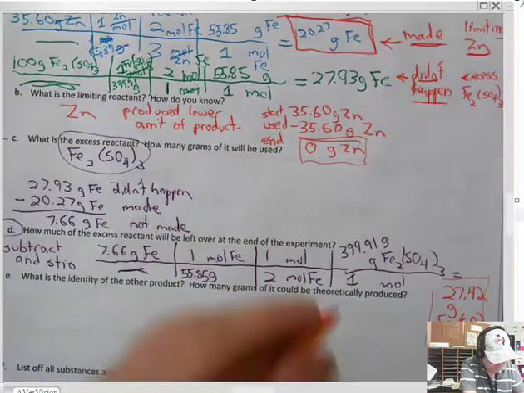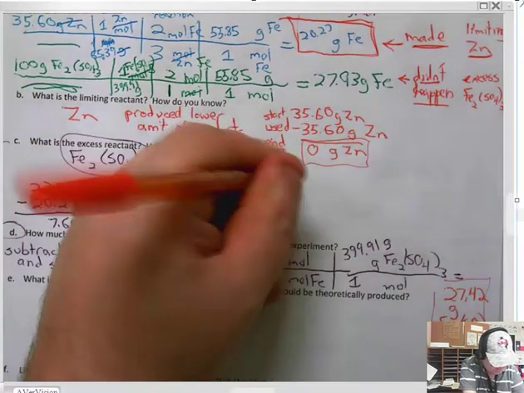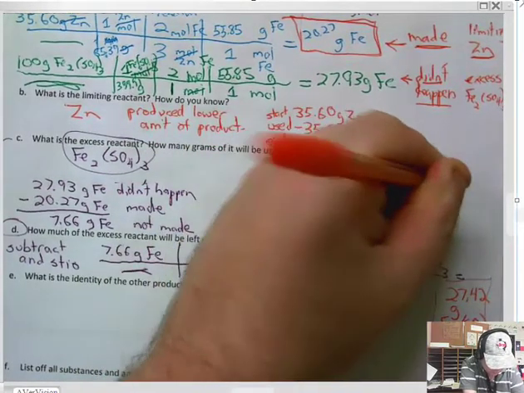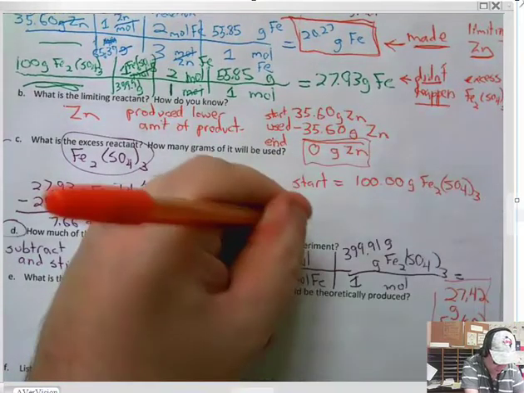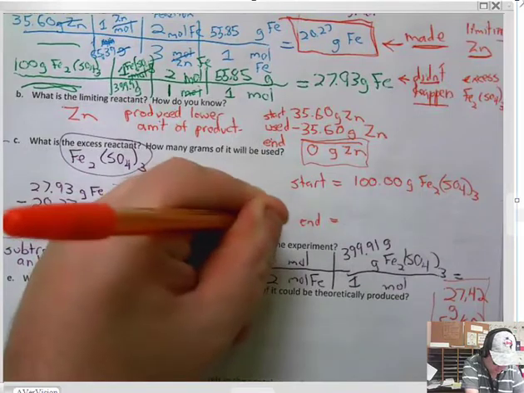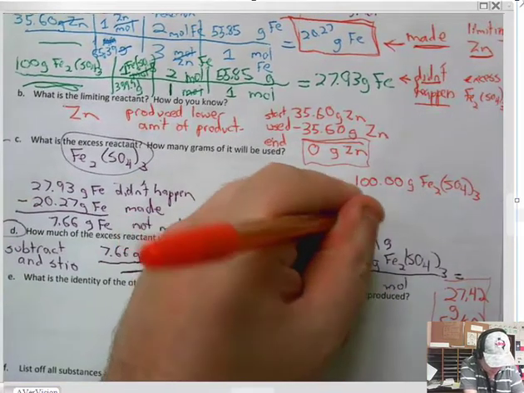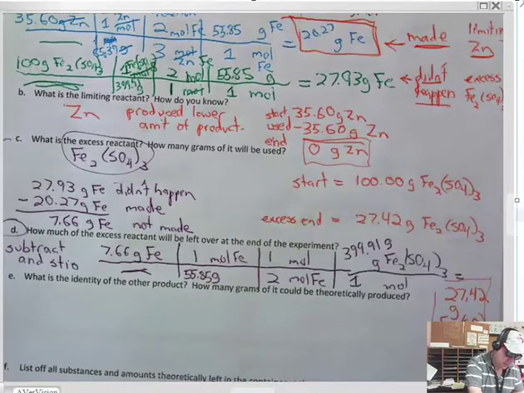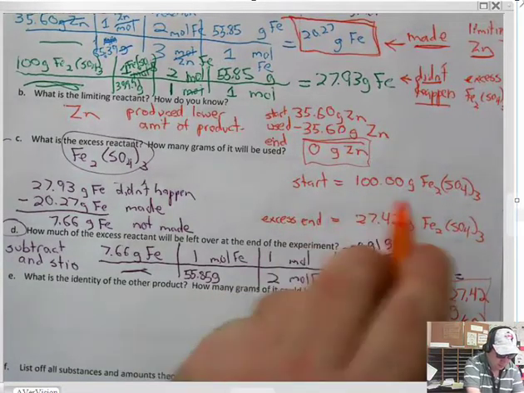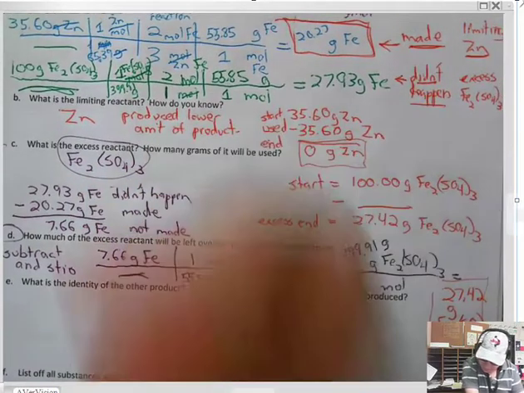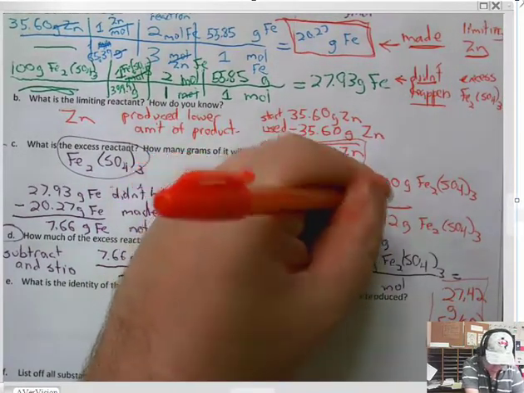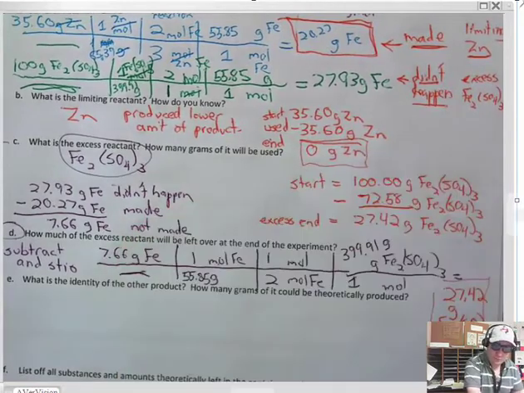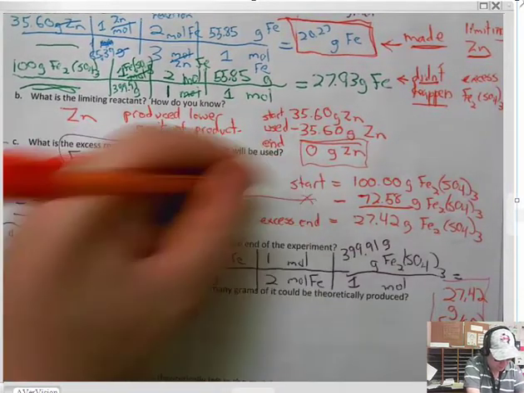So what does this mean? If you started off with 100 grams of iron(II) sulfate and you ended up with excess, this is the excess, 27.42 grams of iron sulfate, if you subtract 100 minus 27.42, you end up with 72.58 grams of iron sulfate, which is the stuff that you actually used.